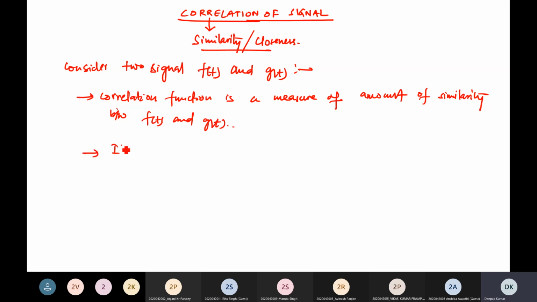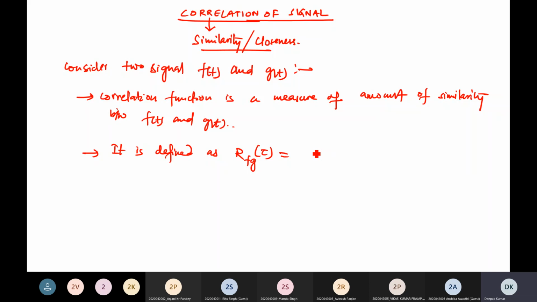It is written as R f g of tau, and tau is the amount of shift parameter.